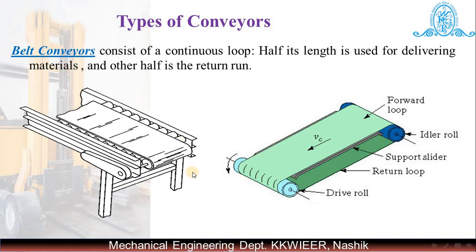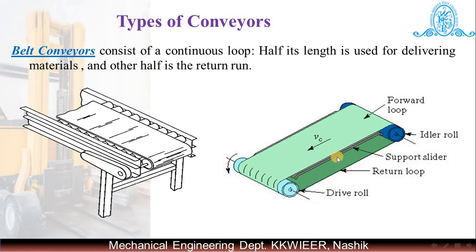Simply, when unit rollers are used and are not powered at all the centers, but we attach one belt above them, then it forms the belt type of conveyor. It consists of a continuous loop: one forward loop for the application, and the other a return loop.